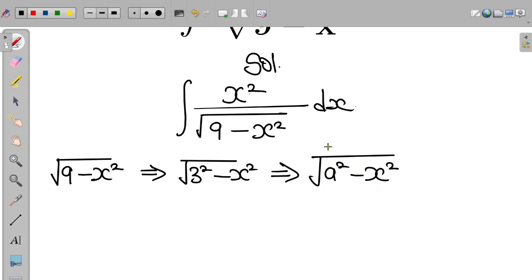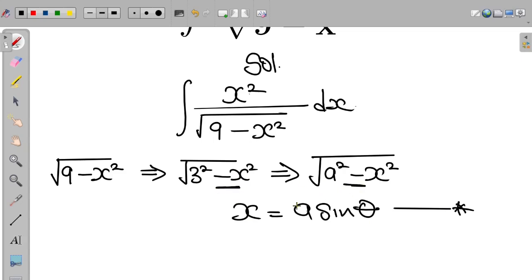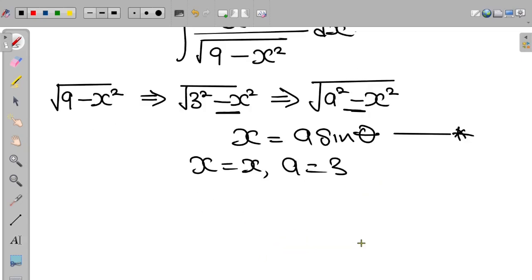And if we have such an expression, x is given as a sine theta. So by comparing this and this, you will find out that x is equal to x and a is equal to 3. So therefore, we have it that x is equal to 3 sine theta.